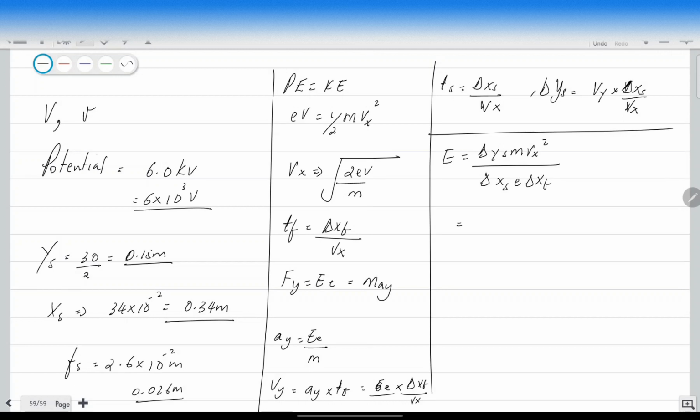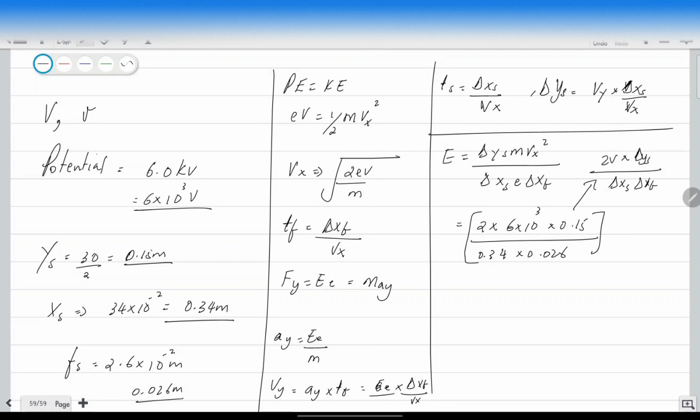Okay, so we're having that as 2 into 6 into 10 to the power 3 into 0.15 over 0.34 and 0.026. This draws from 2V multiplied by delta ys over delta xs, multiplied by delta xf. This is where it gets us.